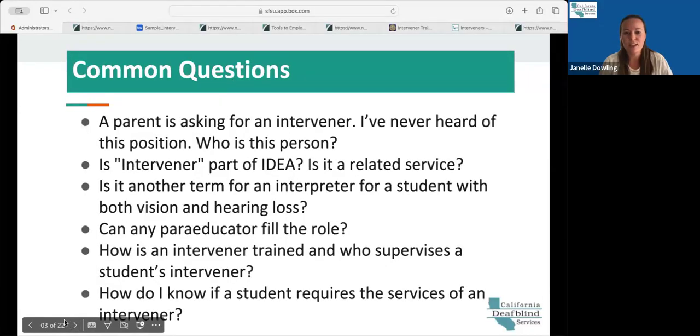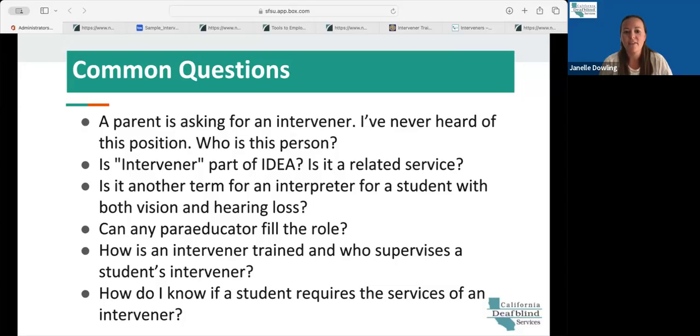So Julie is going to answer some of these common questions. We've heard these questions from a lot of different families, administrators, and educational team members, and we hear these questions over and over. So the information Julie's sharing today will help answer these questions. First, we hear a parent is asking for an intervenor. I've never heard of this position. Who is this person?